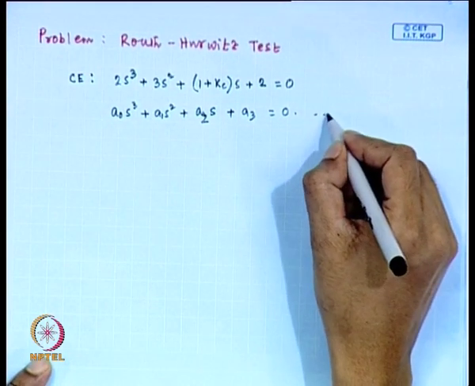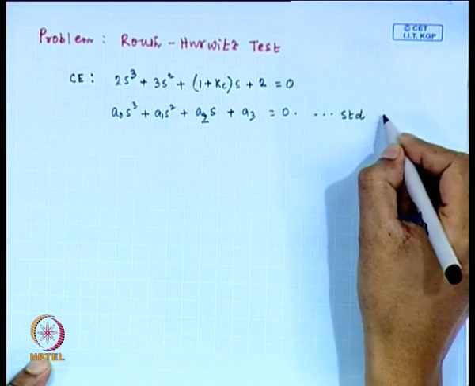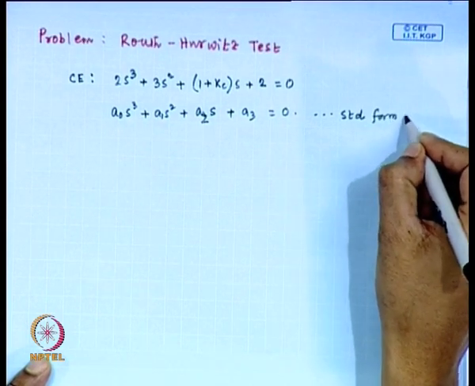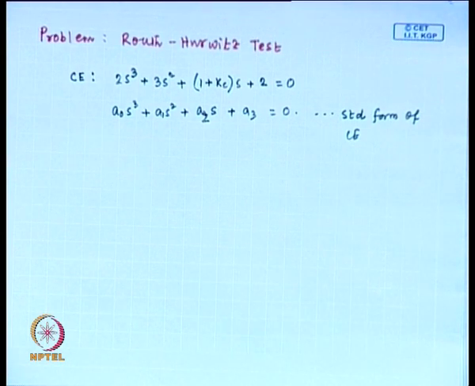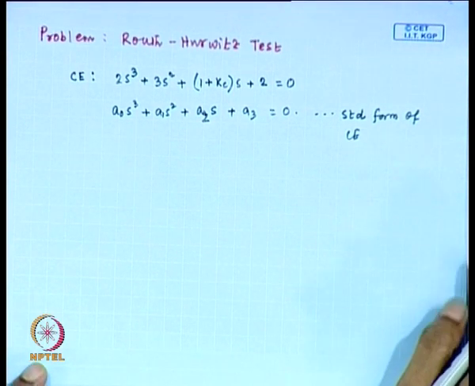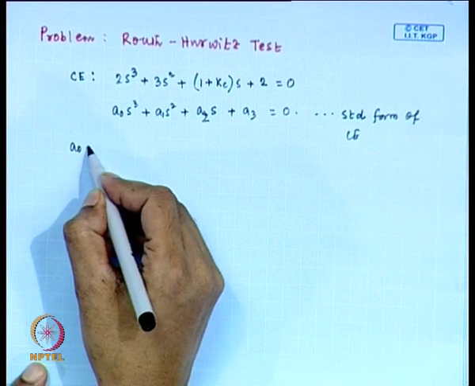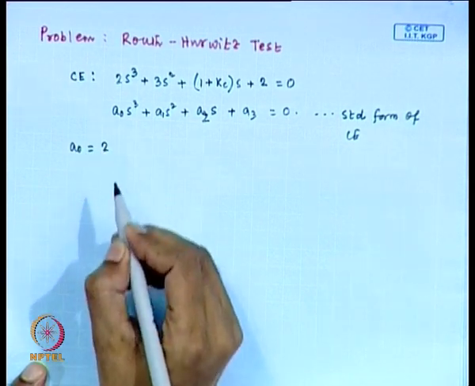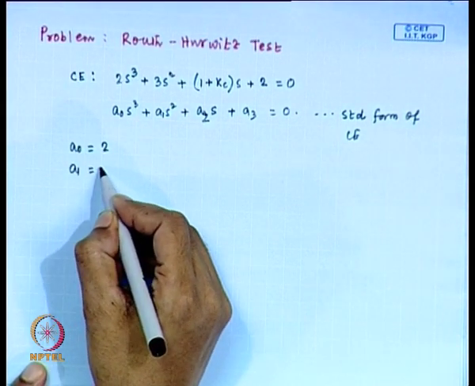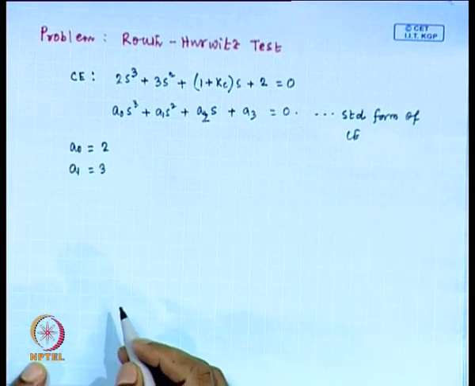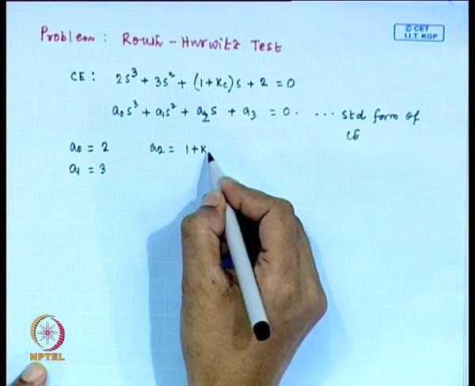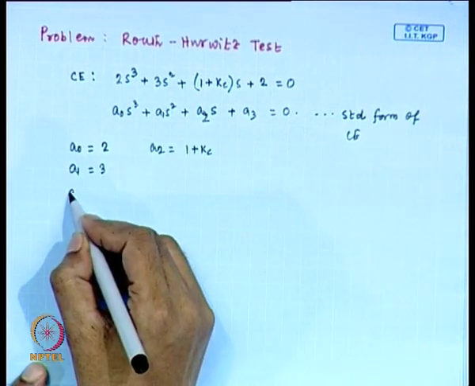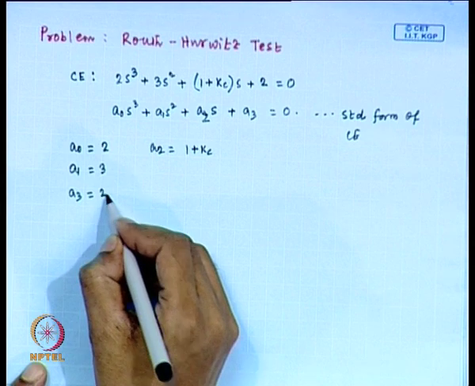This is the standard form of the characteristic equation. Now, it is obvious that a naught equals 2, a 1 is equal to 3, a 2 is equal to 1 plus Kc, and a 3 is equal to 2.